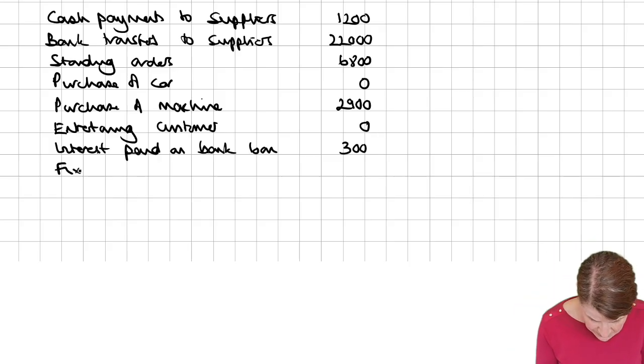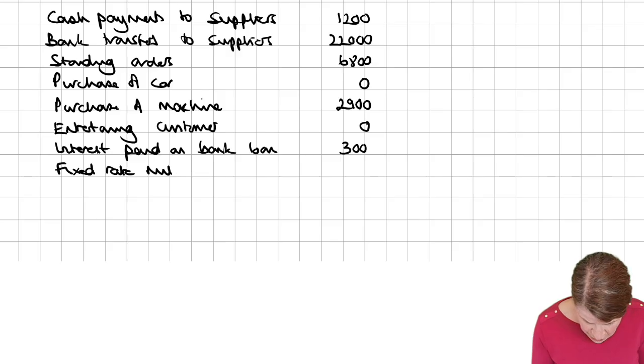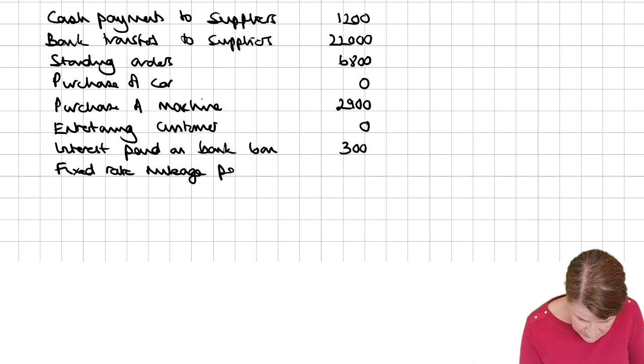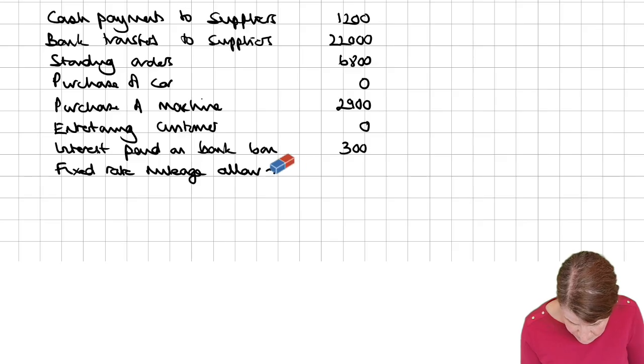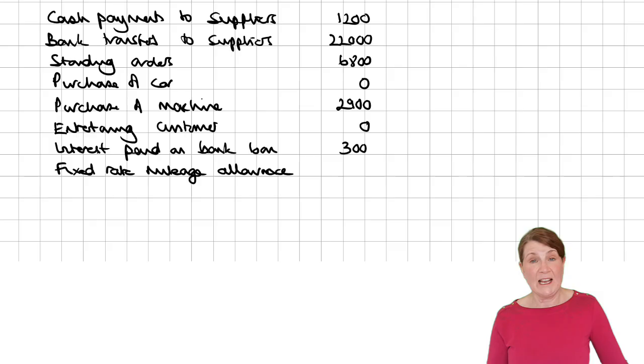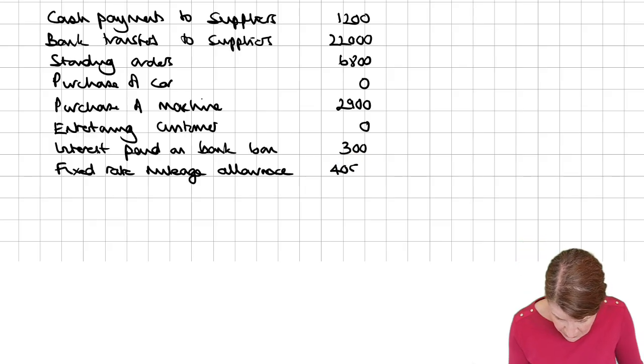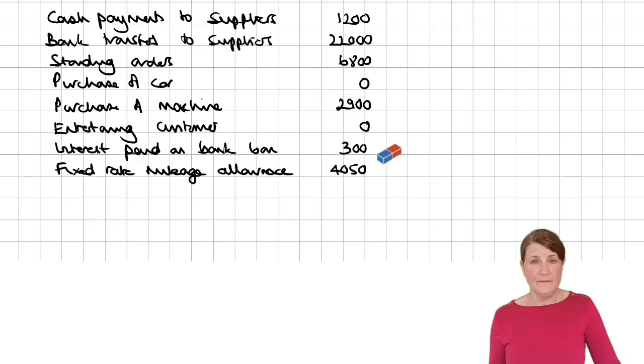So fixed rate mileage allowance. And that's this, we've already calculated that, so it's the same figure that we calculated before, which is 4,050.